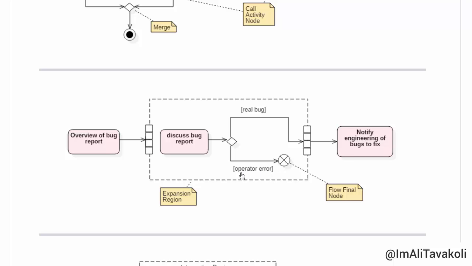Because if it's an operator error, we are not going to do anything else. We will just end this path of the process by showing the flow final node.